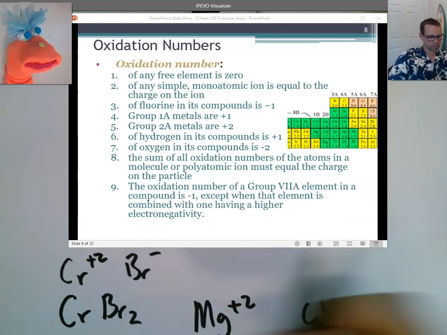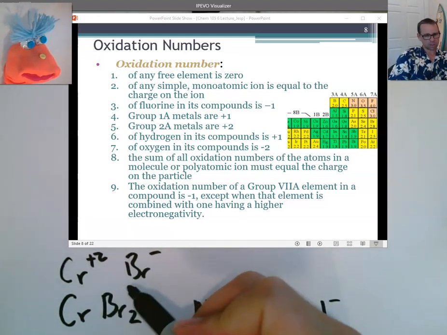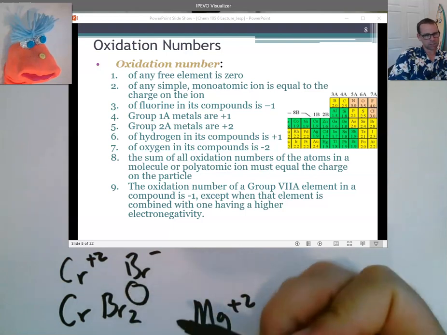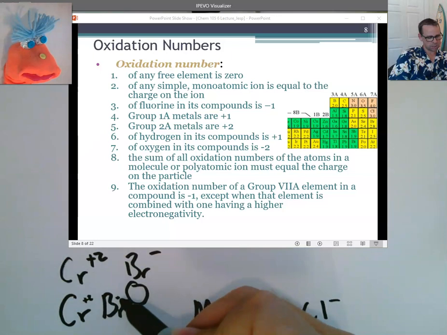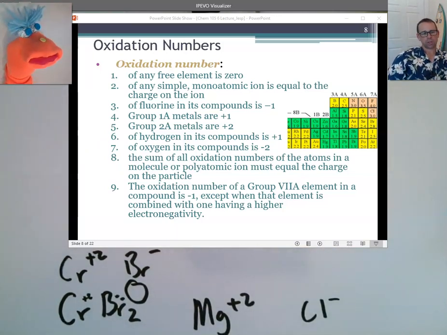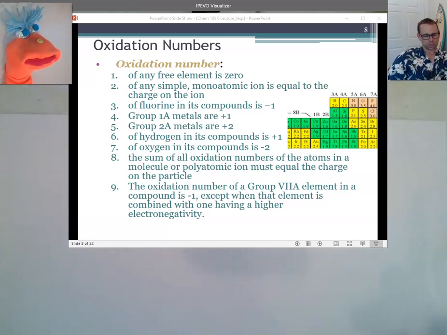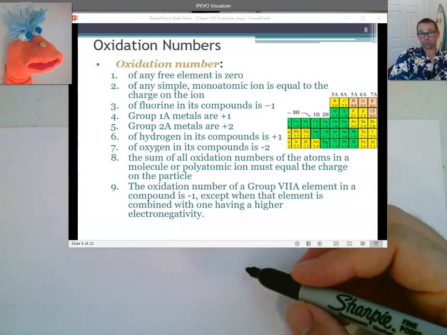Here we said that the chromium was +2 and that each bromine was -1, and there's no charge on this species. That makes sense because this oxidation number is a +2 and there's 2 -1s there. So the sum of the oxidation numbers is always equal to whatever the charge is.